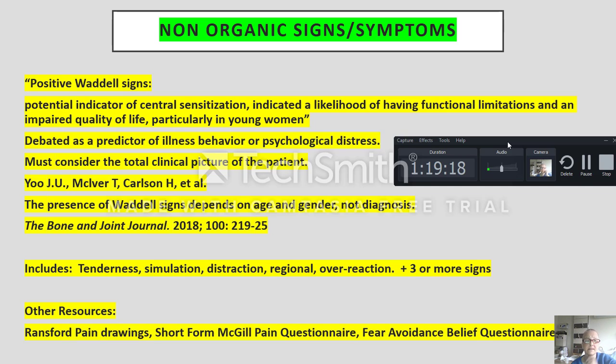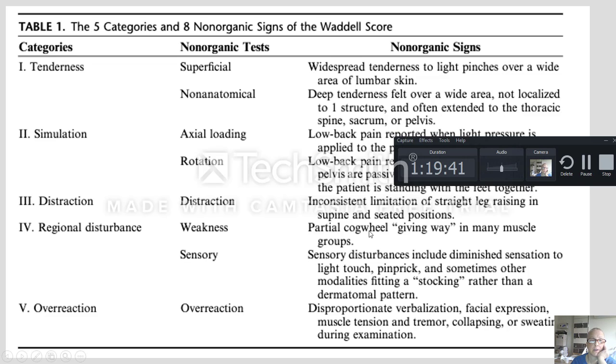Includes tenderness, stimulation, distraction, reasonable overreaction. And this slide, I don't really understand, so maybe her lecture will help on that. The 5 categories and 8 non-organic signs of the Waddell score.